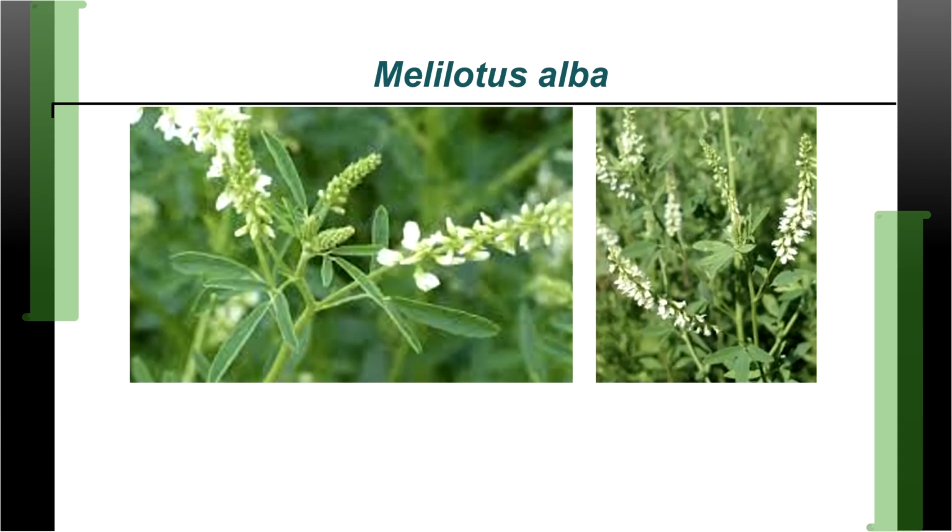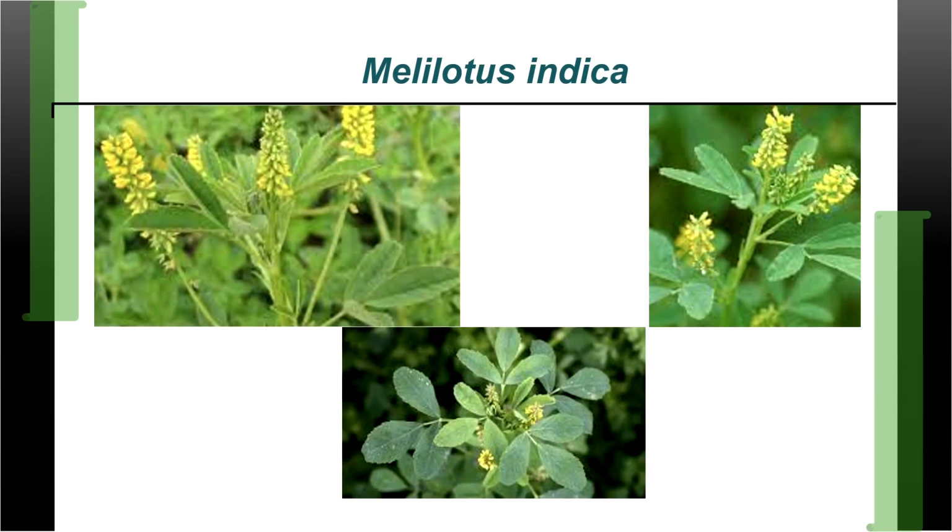And see Melilotus alba. Melilotus alba is a leguminous plant. This has white flowers and is known as safed senji. Similarly, you get peeli senji, Melilotus indica. These two senji are weeds in rapeseed and mustard or any other crop. But these two plants also find good use because they can fix atmospheric nitrogen.